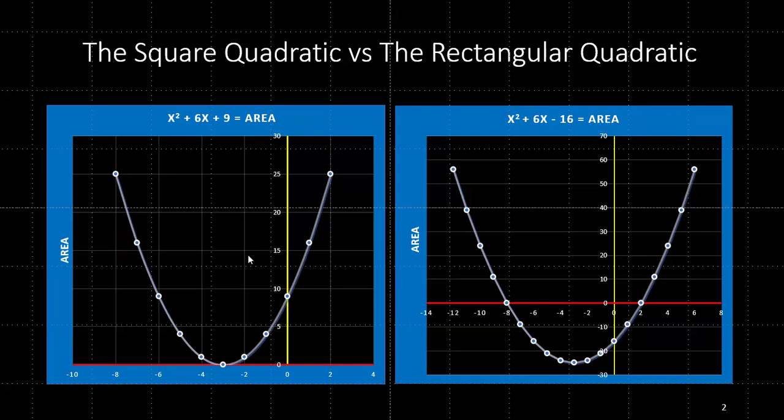The primary difference here is that for the square quadratic equation, the vertex right here will always lie on the x-axis, and for the rectangular quadratic equation, the vertex can lie either below the x-axis as it does here, or in some cases can lie above the x-axis.